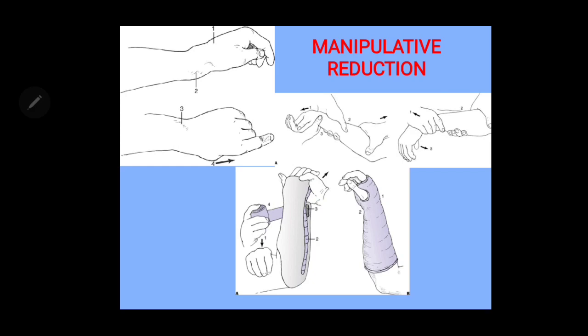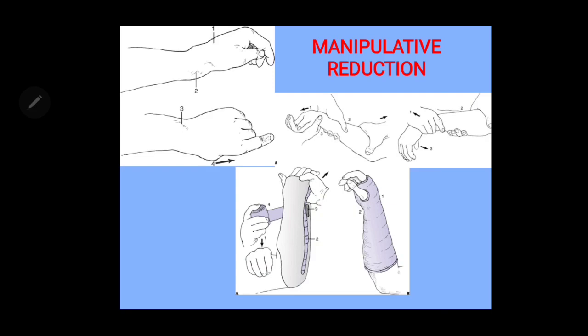If you see blood in your syringe, you are sure that you are inside, and you should inject some amount of lidocaine solution into this area. Maybe 10, maybe 12 milliliters of 2% lidocaine solution. Usually it's enough for proper anesthesia. And after waiting 5-10 minutes, you can perform your reduction.